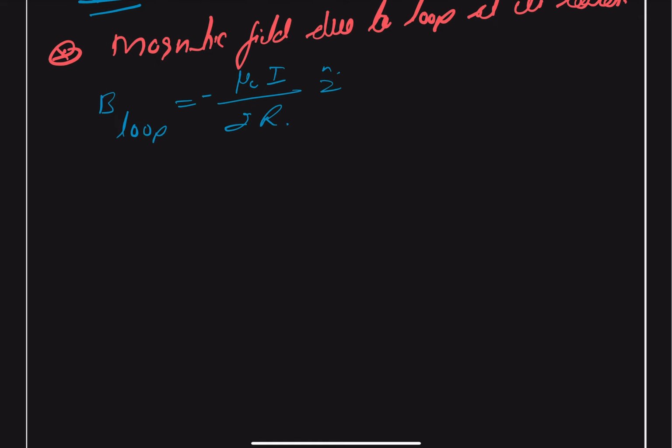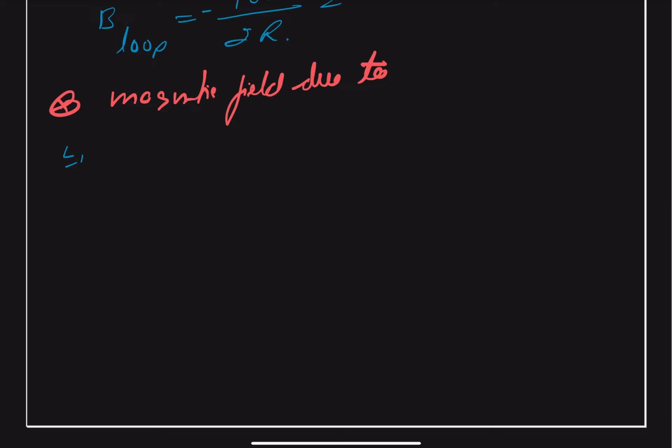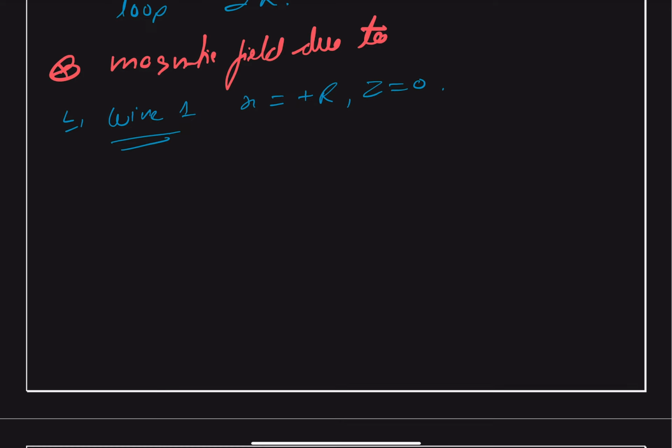Now let us find out the magnetic field due to the wire. So we can say that the magnetic field due to, first we start with our wire 1, and this wire 1 is at x equal to plus r, and obviously z will be 0 here, and the point of interest is our 0, 0 and square root of 3r.